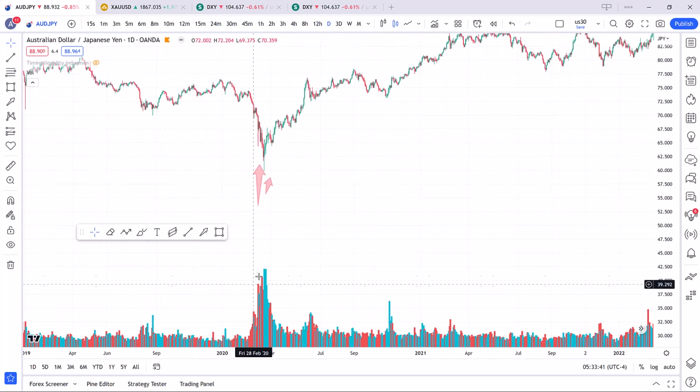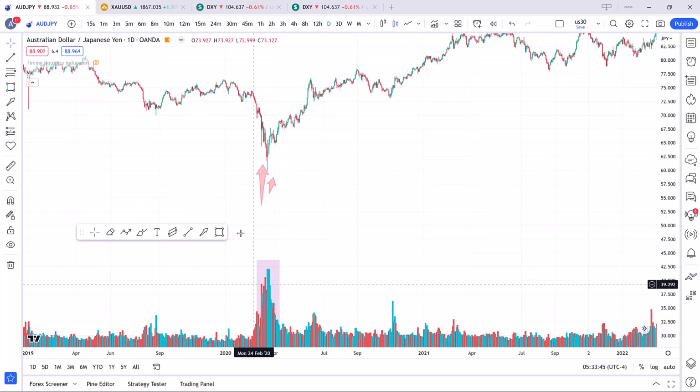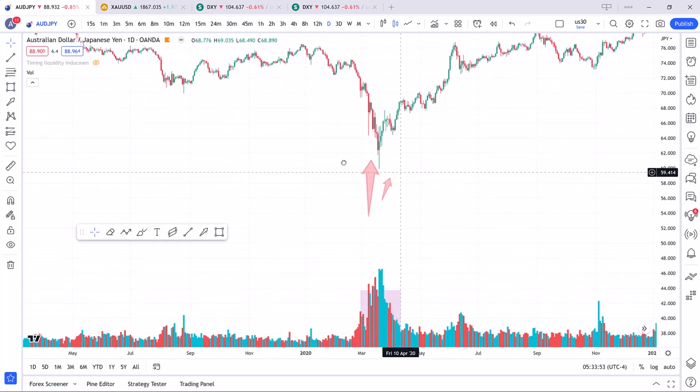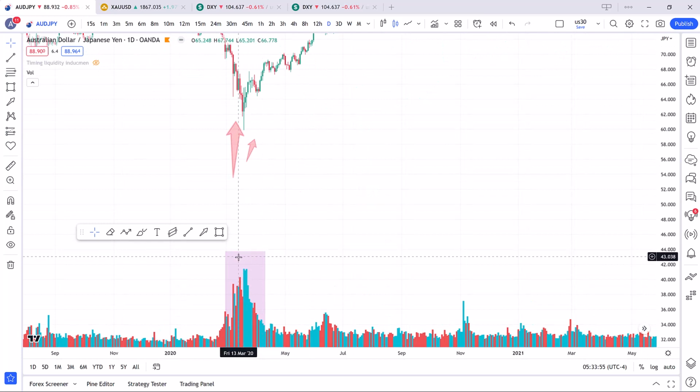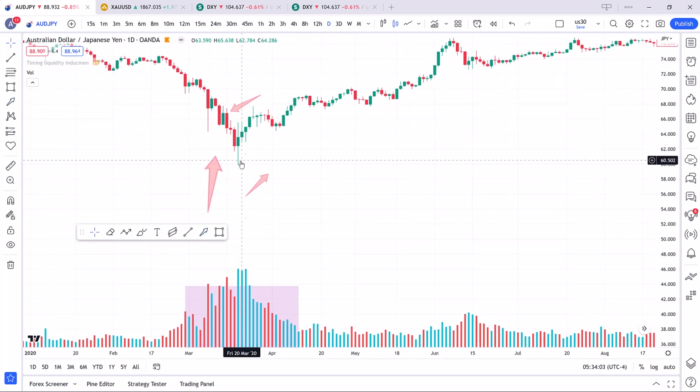So when we want to see if these movements and activities are a reversal or continuation, we can wait until the market confirms itself. For example, we had a high volume bar here. It is this candle. Let's see. And after that we had some bar volumes that were buying volumes.